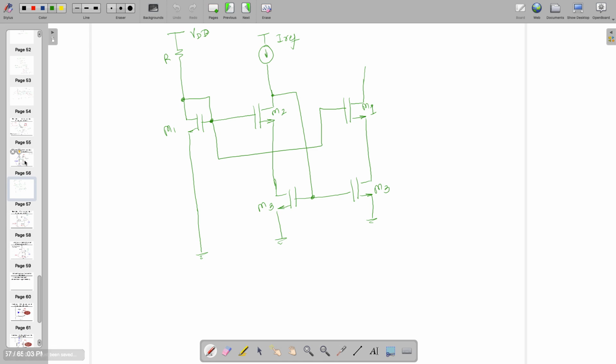Okay, so this is another configuration which is taken from the book.